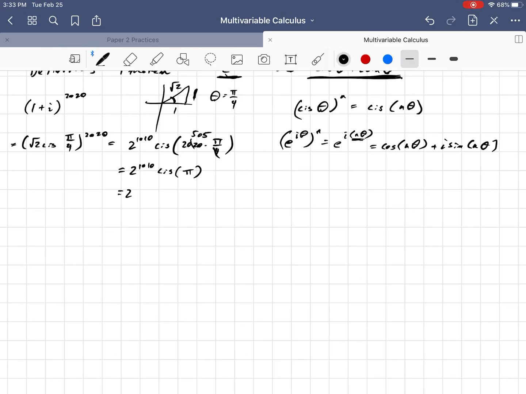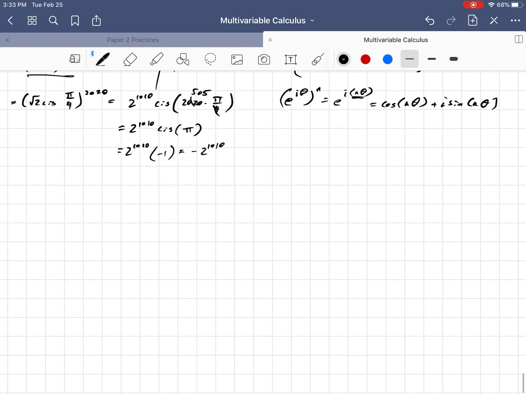And cis pi is 2 to the 1010 times cis pi. Cosine of pi is negative 1 plus I sine pi. Sine pi is 0, so that's 0 times I, which is 0. So this thing here simplifies to just negative 2 to the 1010, which is a pretty cool simplification, I would say.